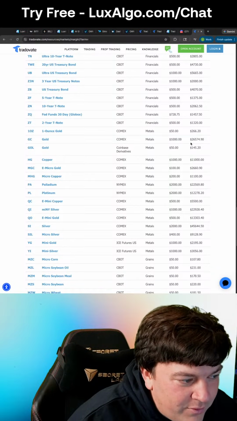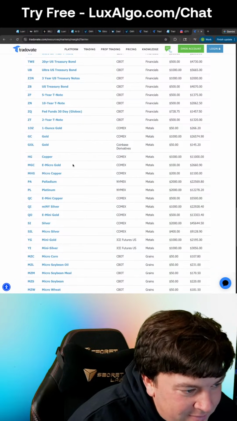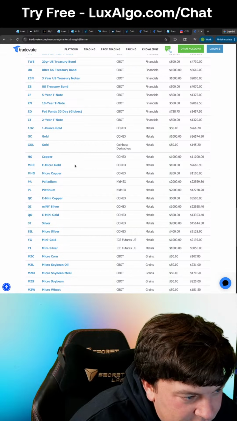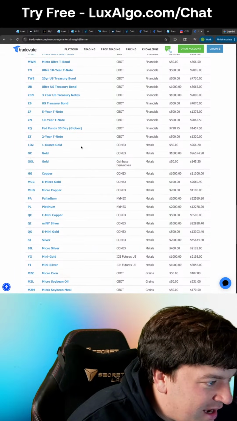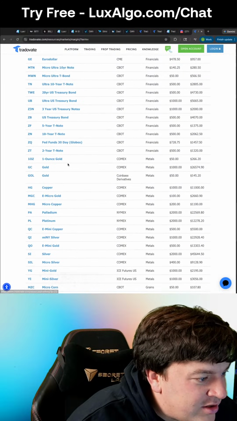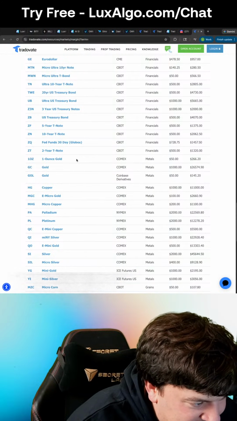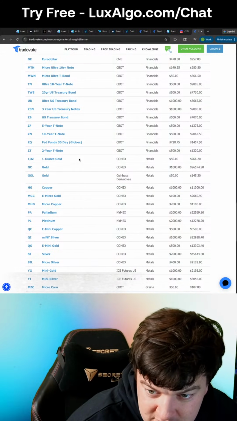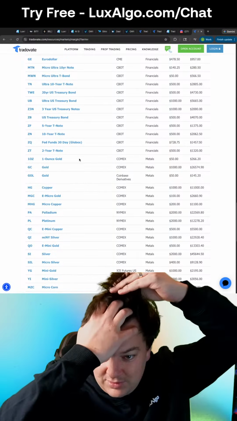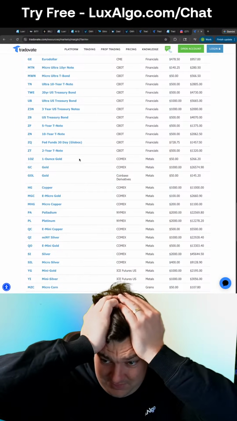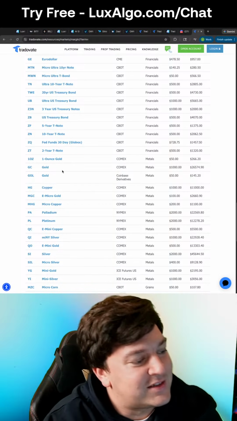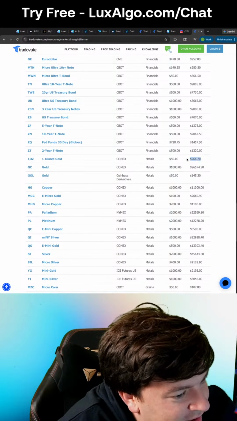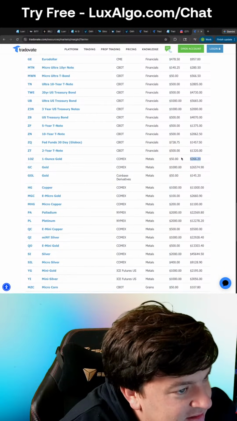Why didn't we see that before? Who the F didn't tell me that there's another future underneath MGC? It works on Top Step, yes. Gosh, dang it. There's literally a 1 ounce gold that trades the same for 266.